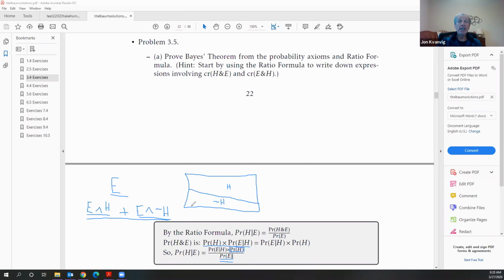And you can see that if you decided to carve up the space in terms of a more fine-grained set of partitions, it doesn't matter how you do it as long as it's a partition. A partition gives you compartments that exhaust the entire space and don't overlap with each other.